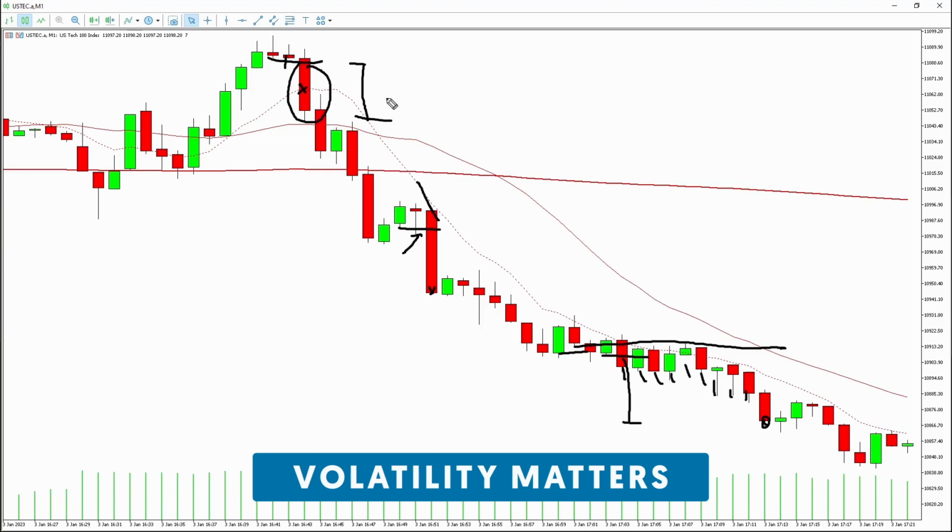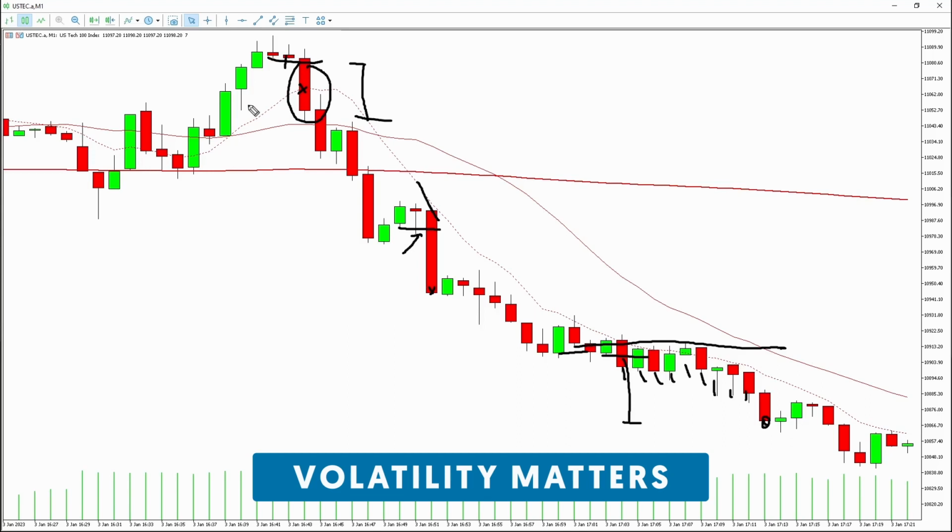You don't need to fight your psychology. You don't need to be questioning yourself every single candle during 20 minutes if you took a good trade or not, or if you should avoid that entry or not, because you will be questioning yourself all this time until the price does something.